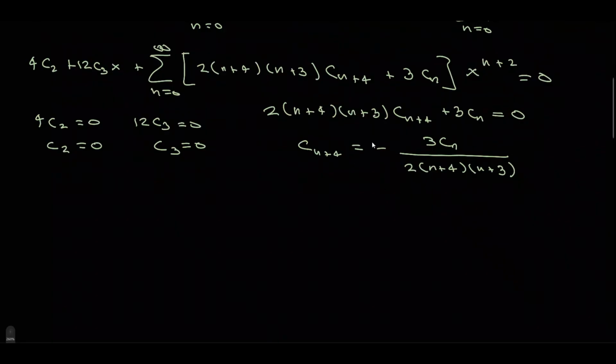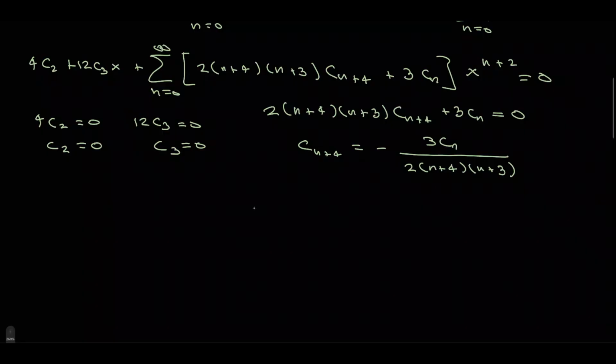So the number one thing you want to observe is that in this case the coefficients depend on four indices earlier this time. That means the coefficients split into four independent chains. How are we going to describe those chains?